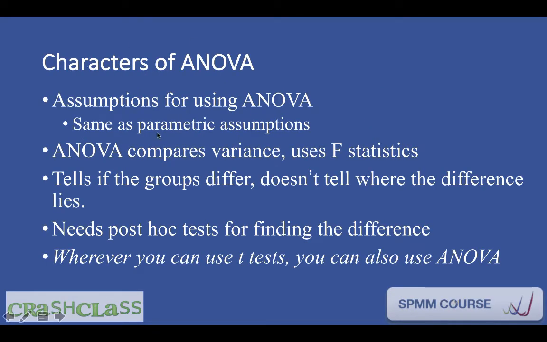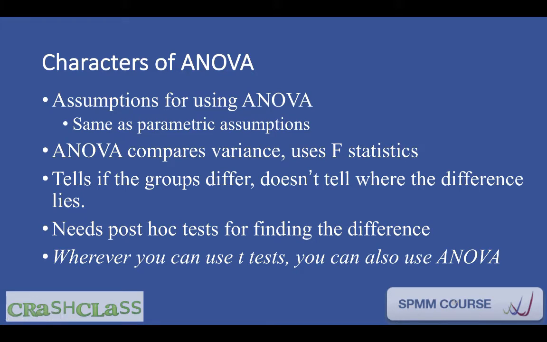Okay, ANOVA is parametric. So whatever assumptions you have for parametric tests, such as the normal distribution assumption, will apply for ANOVA. ANOVA uses the F statistic. Just like the t-test, ANOVA is called the F test. One of the problems with ANOVA is that, while it's a beautiful test and you can compare any number of groups with it, 2 groups or more than 2 groups, the result of an ANOVA only tells you if the groups are different or not.